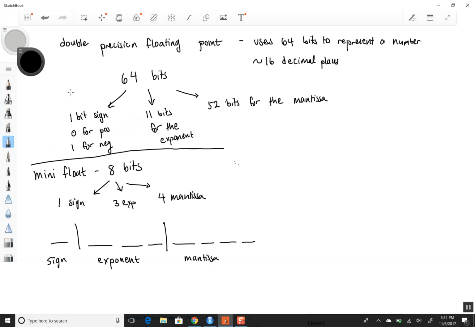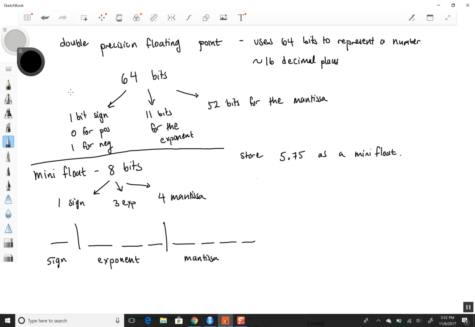All right, let's say we want to store the number 5.75 as a mini floating point. Okay, well, let's try this out.